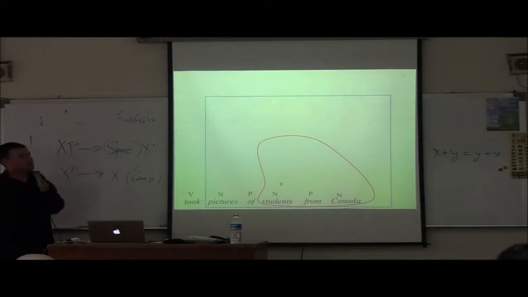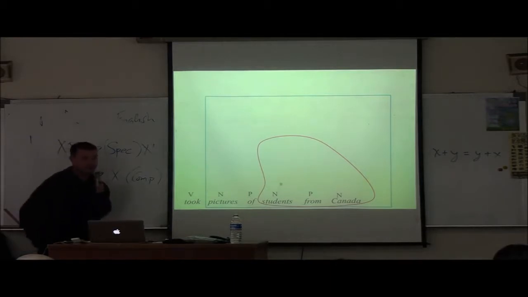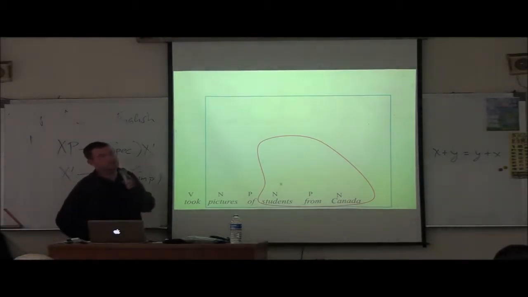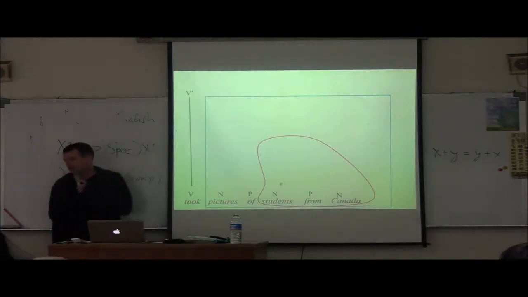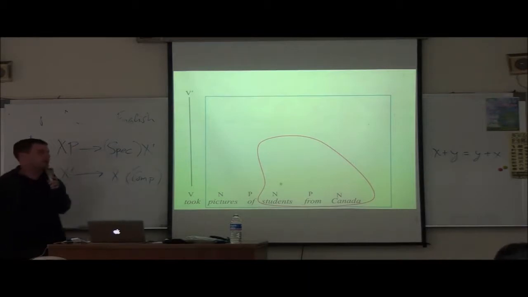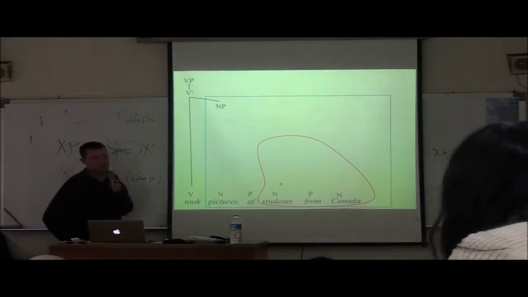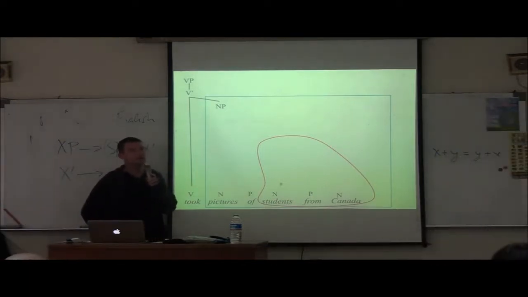So it's going to be a complement of the verb, meaning it's going to be the sister to this V and the daughter of a V bar. So here it is. V bar is the mother of the head and the mother of a complement. Of course, pictures of students from Canada is an NP.